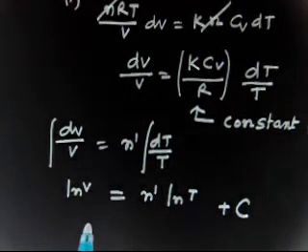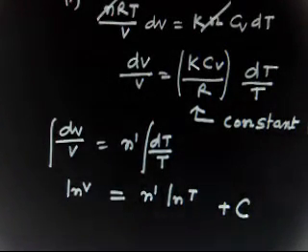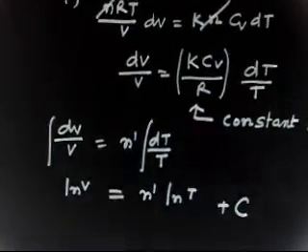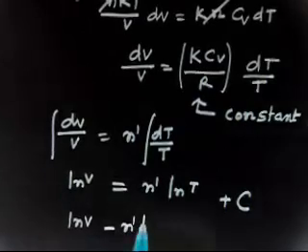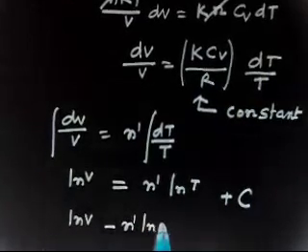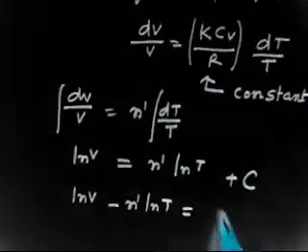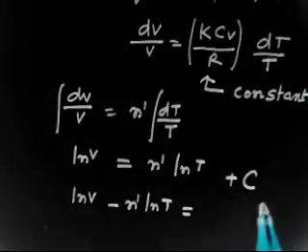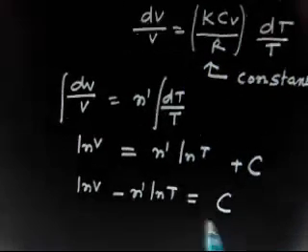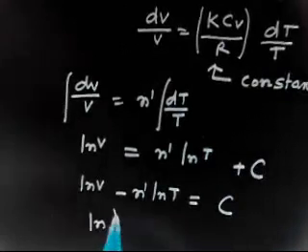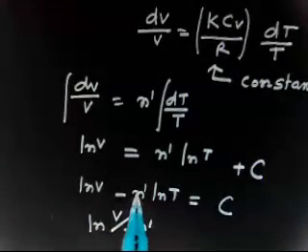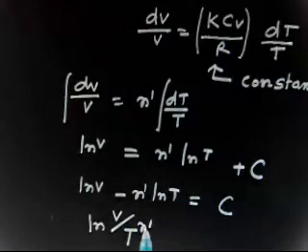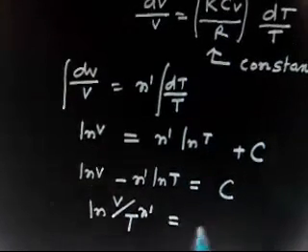So ln V minus n dash ln T is equal to some constant of integration, let us say C. So this becomes ln of V divided by T to the power n dash, because this goes to the power, so we will have T to the power n dash, and then ln A by B is equal to some constant C.